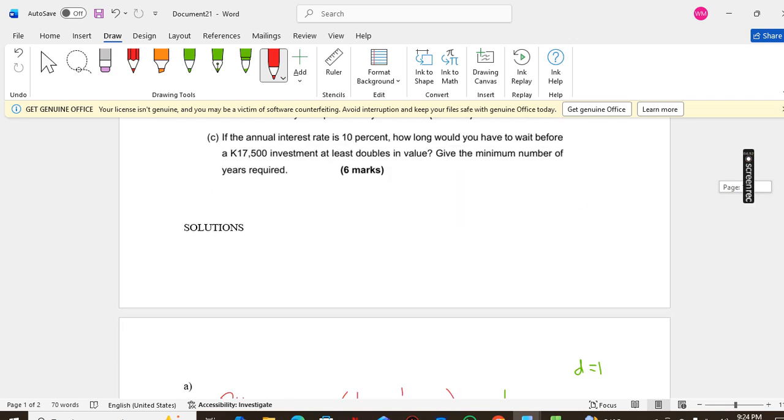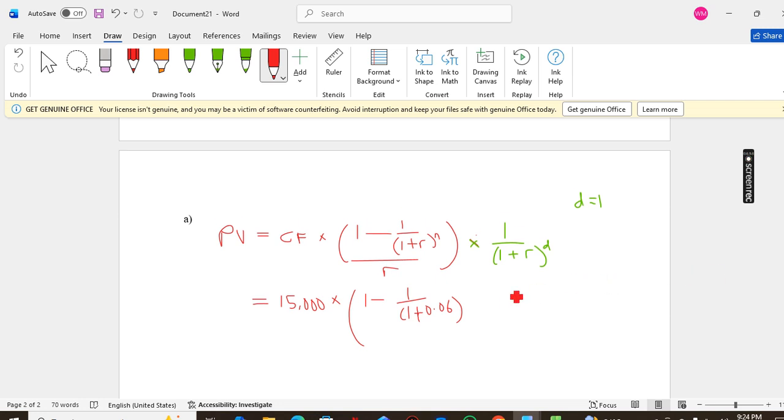So N is going to be 5, over 0.06, multiplied by 1 over 1 plus 0.06 to the power 1. Okay.